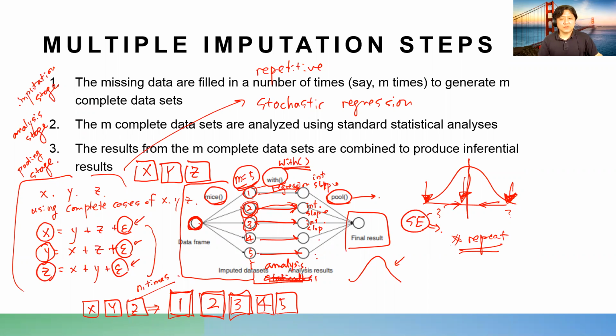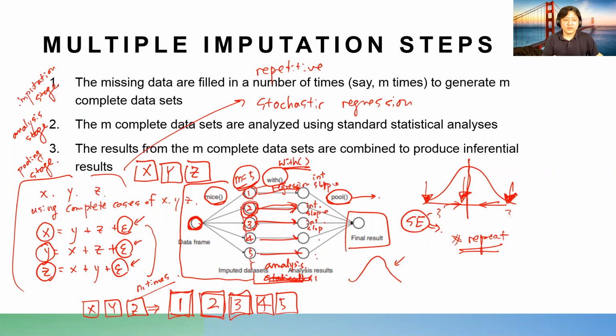Again, let me summarize. Multiple imputation has 3 steps. Step 1 is the imputation step, which is based on repetitive stochastic regression. We predict the missing value based on the regression model, adding an error term, and then we update our missing value.